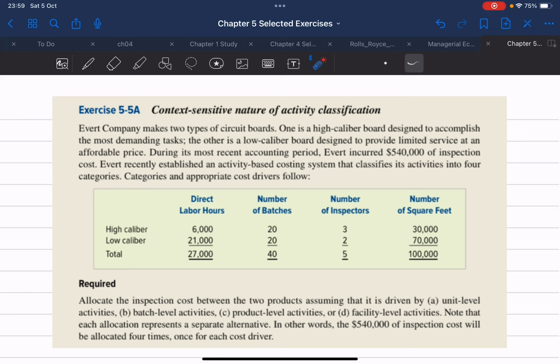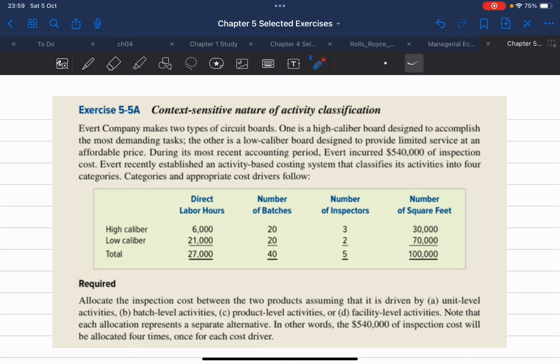Everett recently established an activity-based costing system that classifies its activities into four categories and appropriate cost drivers as follows. Now, this is the work of the company's accountants. They've broken down their overheads into four activity-based pools.